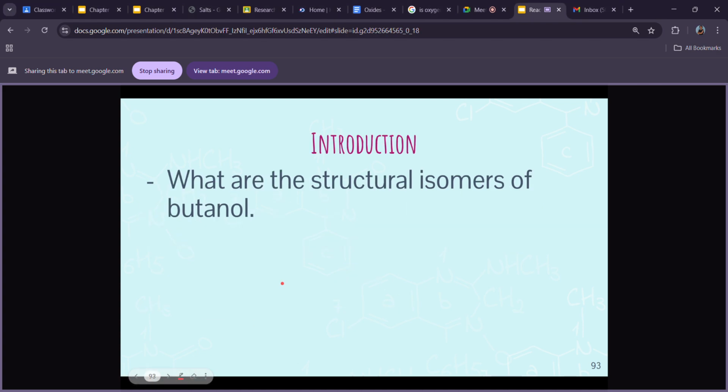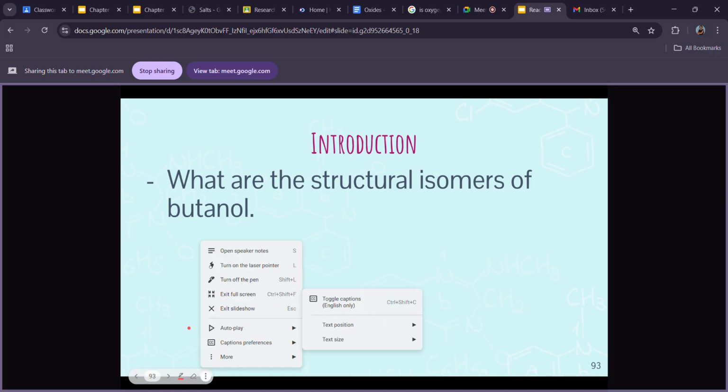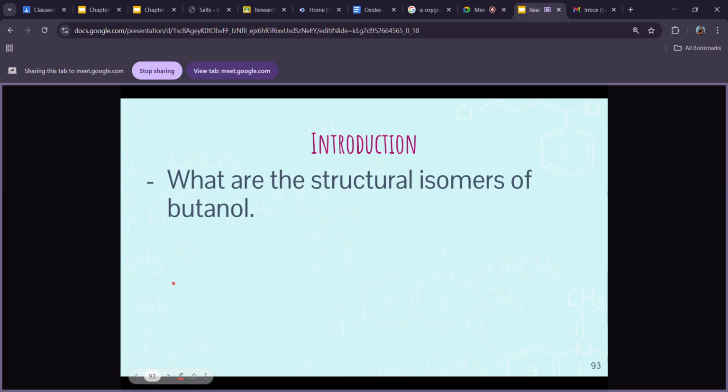Right. Now this is saying, what are the structural isomers of butanol? I'm just gonna do one. I believe I can allow permission for somebody to draw, but I'm just gonna do one. So butanol, but means 4 carbons.